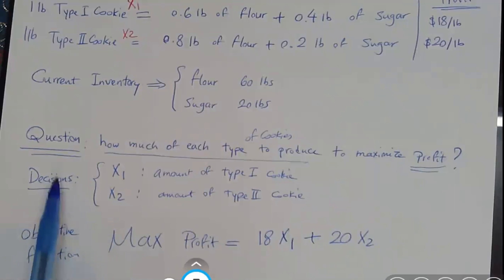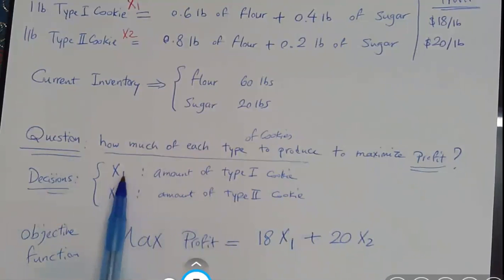So now I know what my decisions are. What are the things that I want to decide about? I assigned one decision variable to each one, so these are called decision variables. And then I formulated my objective function, the thing that I care about the most, the factor that I use to evaluate my decision.